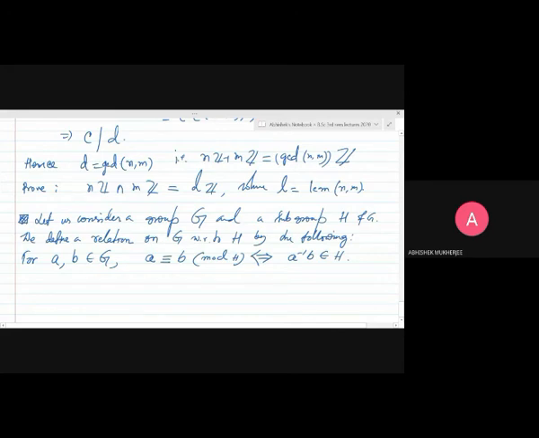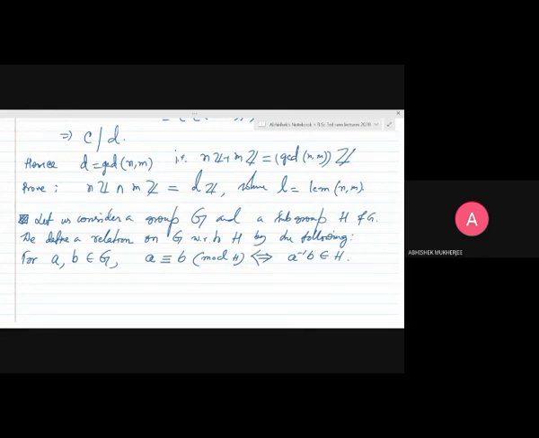Now, whenever you are defining a binary relation on a set, you are going to check whether it is an equivalence relation, or whether it is a partial order relation, that is, whether it is reflexive, symmetric, transitive, or reflexive, antisymmetric, and transitive.